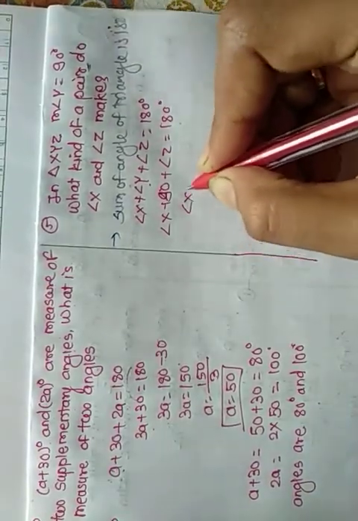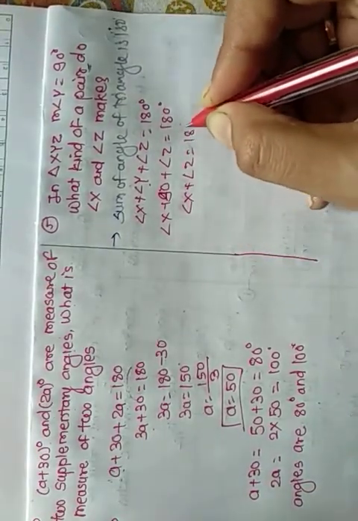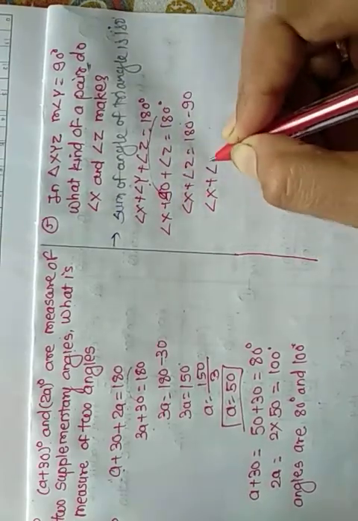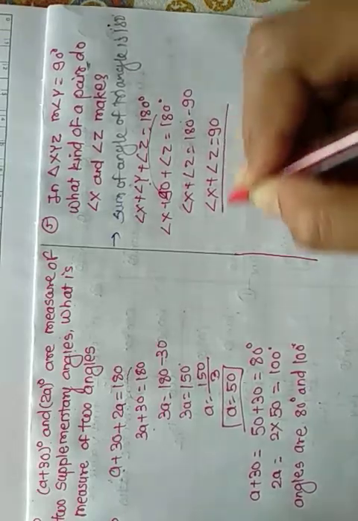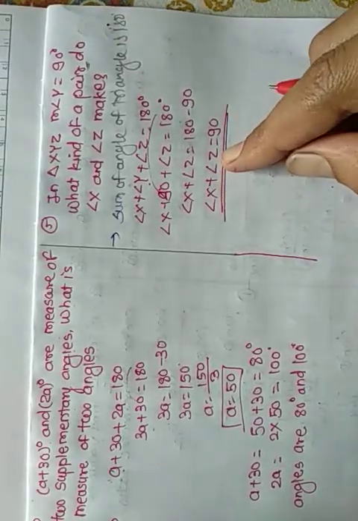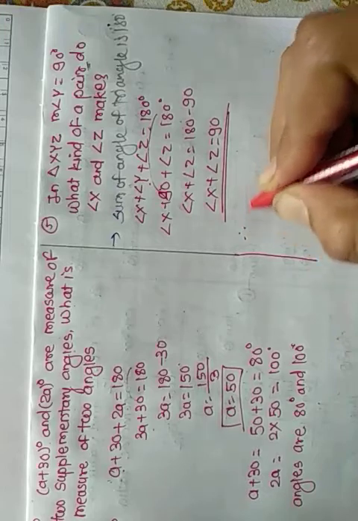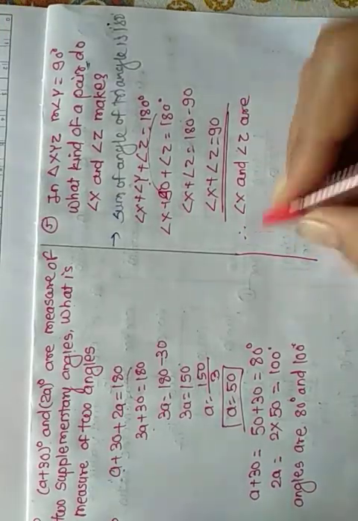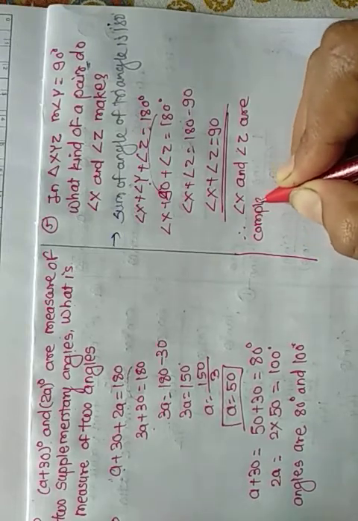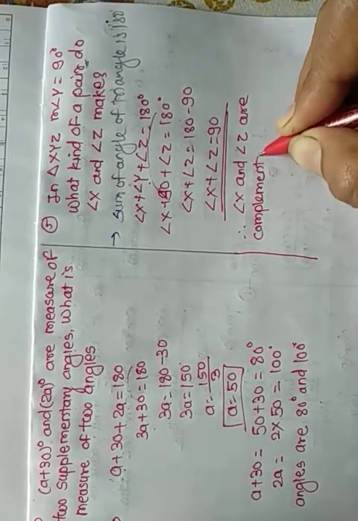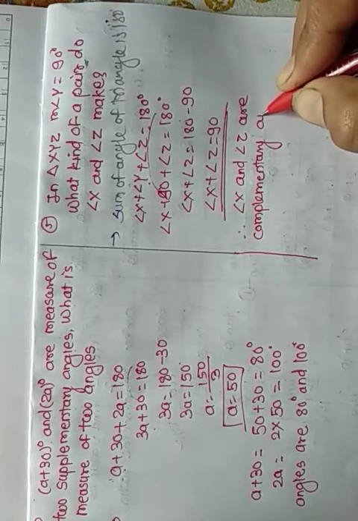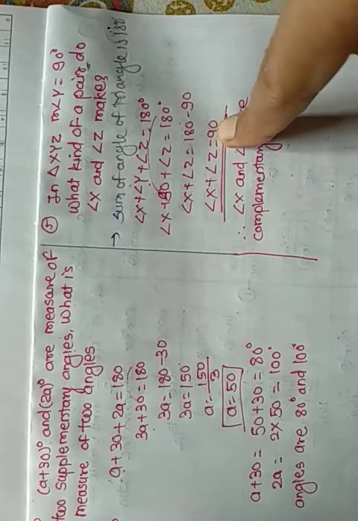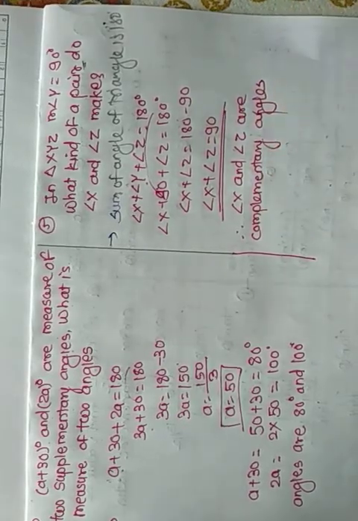So here angle X plus angle Z is equal to 180, this plus 90 becomes minus 90. So angle X plus angle Z is equal to 90 degrees. If angle X plus angle Z is equal to 90 degrees, therefore angle X and angle Z are complementary angles, because as per the definition of complementary angles, the sum of the measures of two angles is 90 degrees. These angles are called complementary angles.